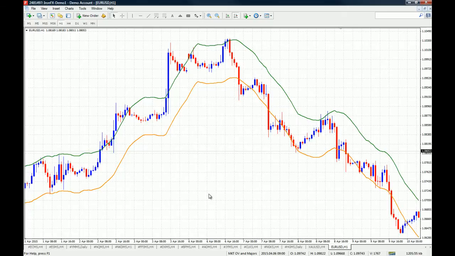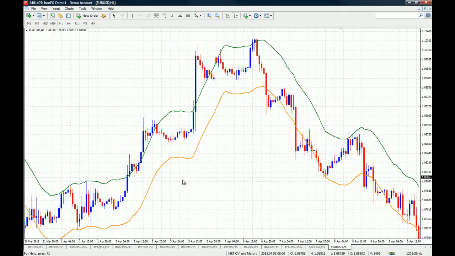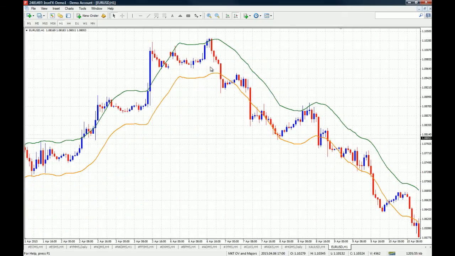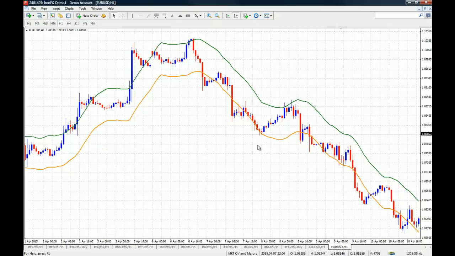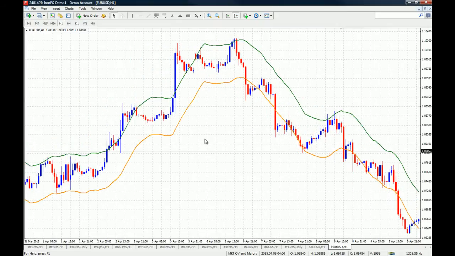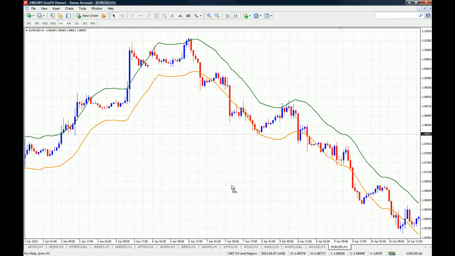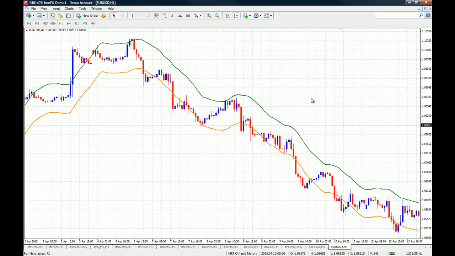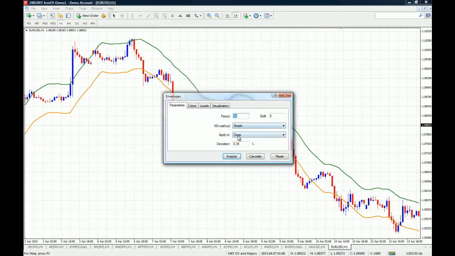Now, by using 0.35%, you can see that the envelopes actually start to adjust to the range of price movements. The first thing you're going to do is use this to spot the trend, and let's make it 0.4%.